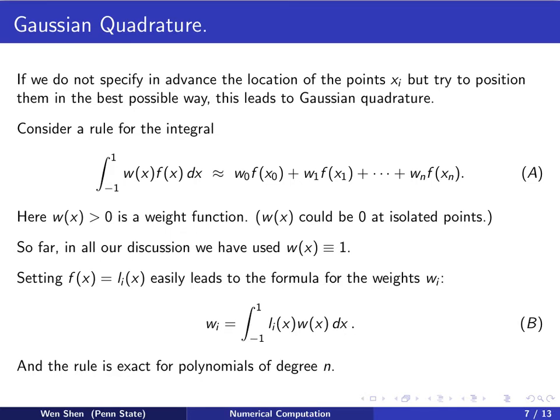By using those as the weights, we see that the rule is exact for polynomials of degree n. Here the degree is obtained for any choice of the set of points x0, x1, xn. So we call the rule formula A as our label, and for the weight function we call this formula B.